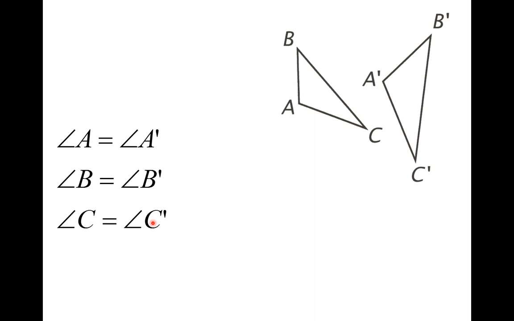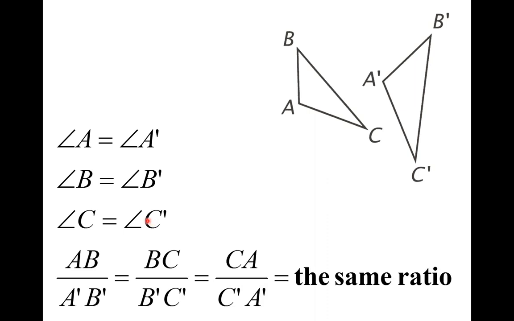So the angle part is easy. What about the sides? Well, AB, this segment, compared to A prime B prime, that'll give us a ratio. You do the same with the other corresponding sides, and you'll find out that the ratio is going to be the same in similar triangles.